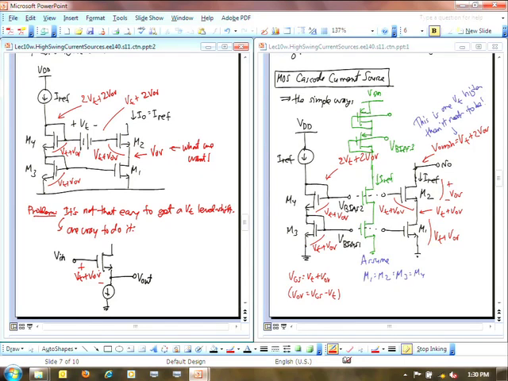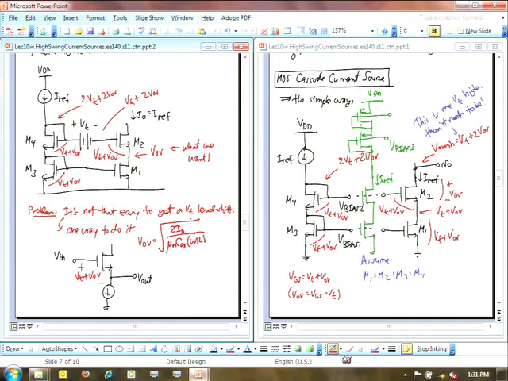Well, we can look at the equation for the overdrive voltage. Remember what that equation is. That's square root of 2ID divided by, it's an MOS device, so mu n Cox times the W over L ratio for that. That's what the overdrive voltage is. And if we could make that overdrive voltage go to 0, then we got a VT level shift.